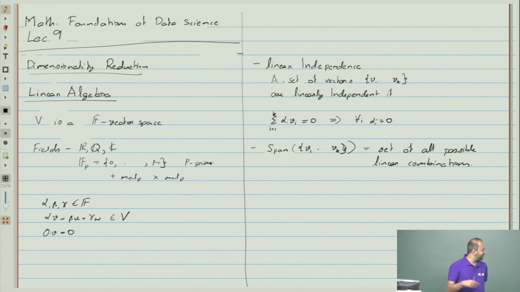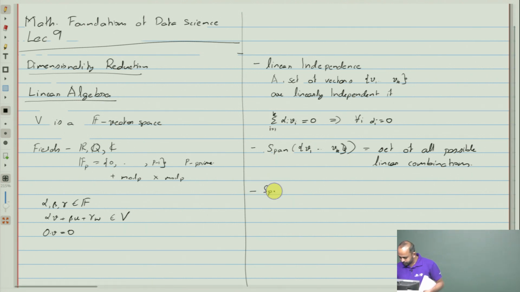So the span is a vector space, because if you take any vectors in the span and take a linear combination, you get another vector in the span itself. So span is kind of like a subspace. A subspace is a subset of the vector space which is again a vector space by itself. Span is a subspace.